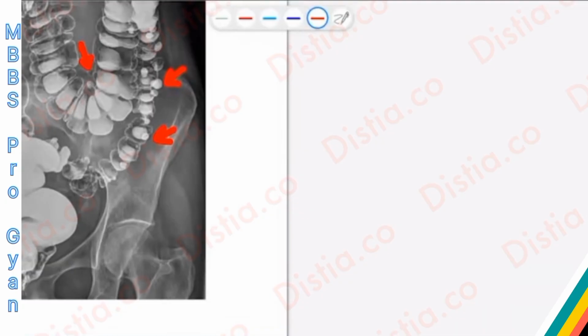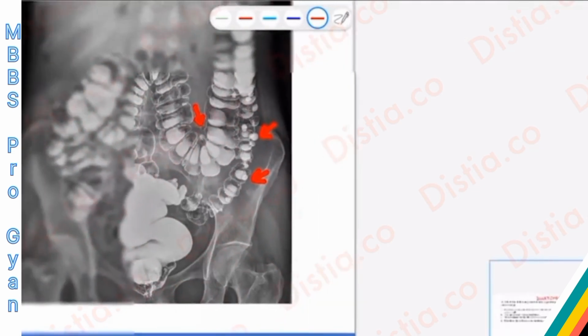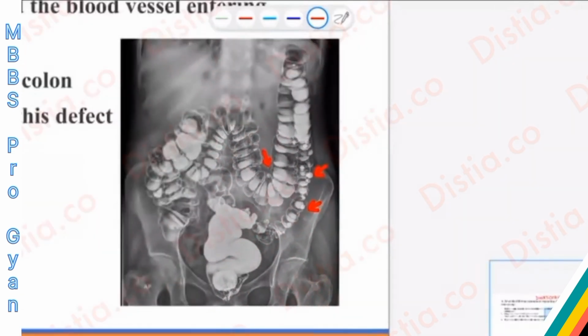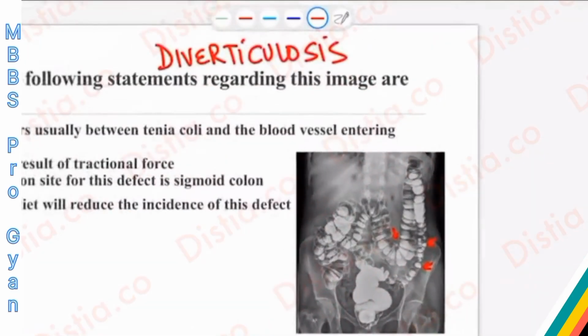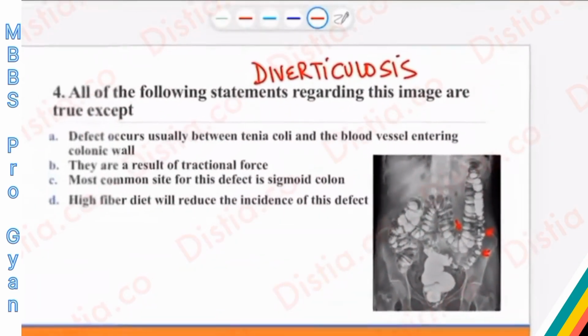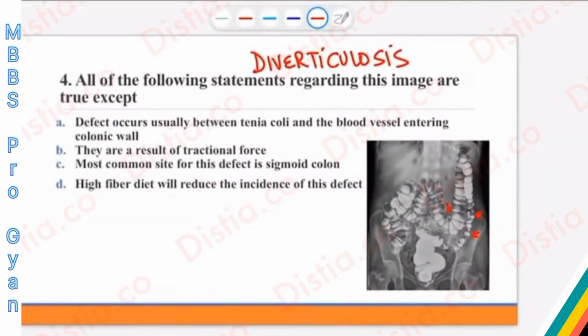This is an air barium enema where you can definitely make out the diverticula, especially in the sigmoid colon on the left-hand side, because that's the usual site. Diverticulosis is common in the sigmoid colon primarily because it is the narrowest part of the intestine.